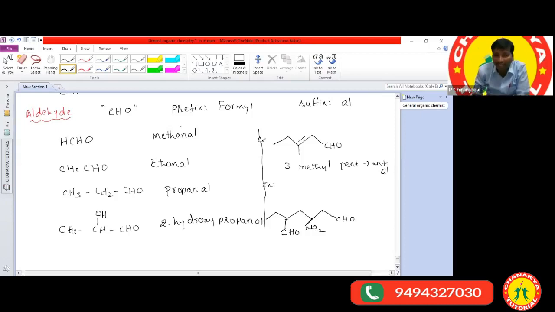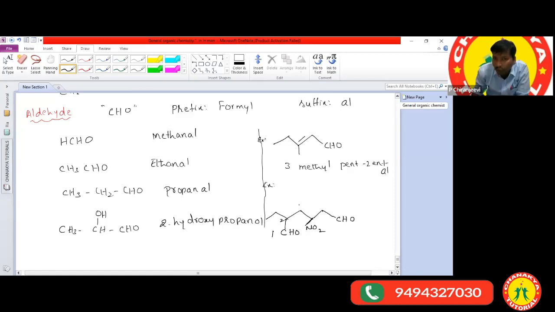First of all, numbering, you may get the doubt here. We have 2 aldehyde functional groups. While having 2 aldehyde functional groups, the root word we have to take as aldehyde to aldehyde. At the same time we have to check the number of substituents also. Substituents have to get the least numbering. Here one ethyl group is there, here one nitro group is there. So that's why I'm starting numbering from here.